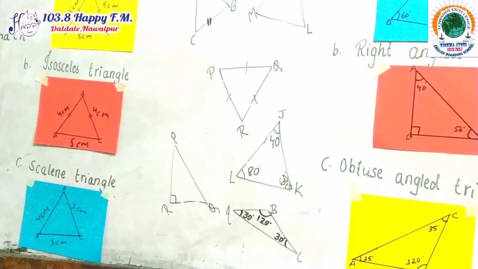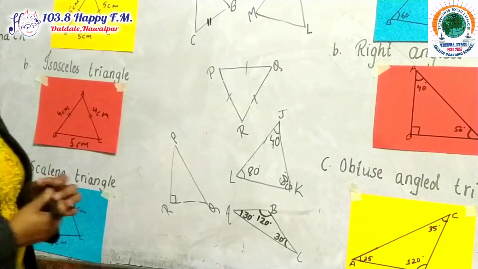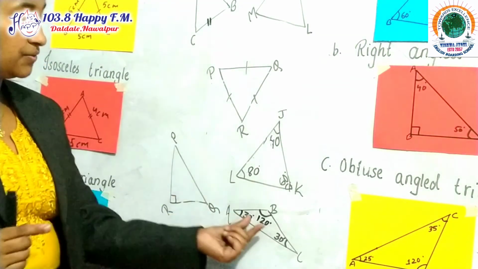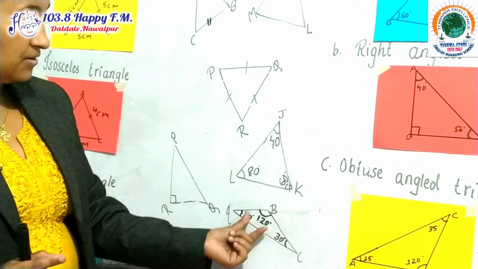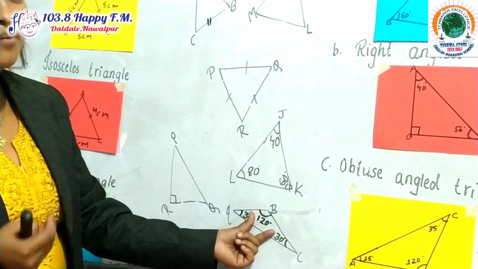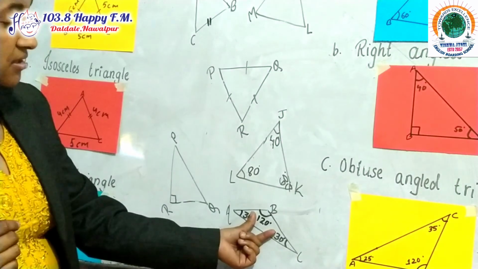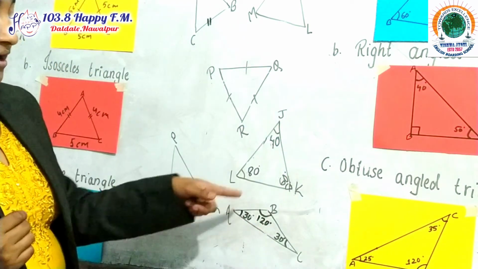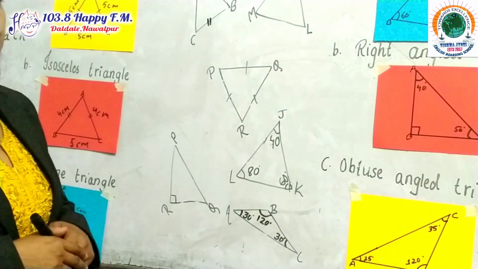Can you name this triangle? You just have to notice one thing here: this 120 degrees. 120 is greater than 90 degrees, so it is called an obtuse angle. 120 falls under the obtuse angle. So the triangle formed is an obtuse angle triangle.